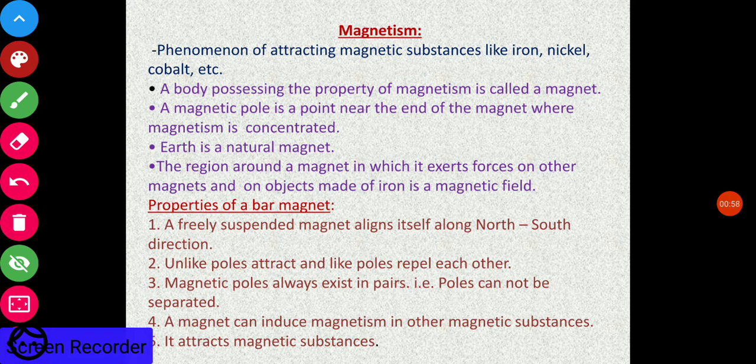A magnetic pole is a point near the end of a magnet where magnetism is concentrated, either North Pole or South Pole.